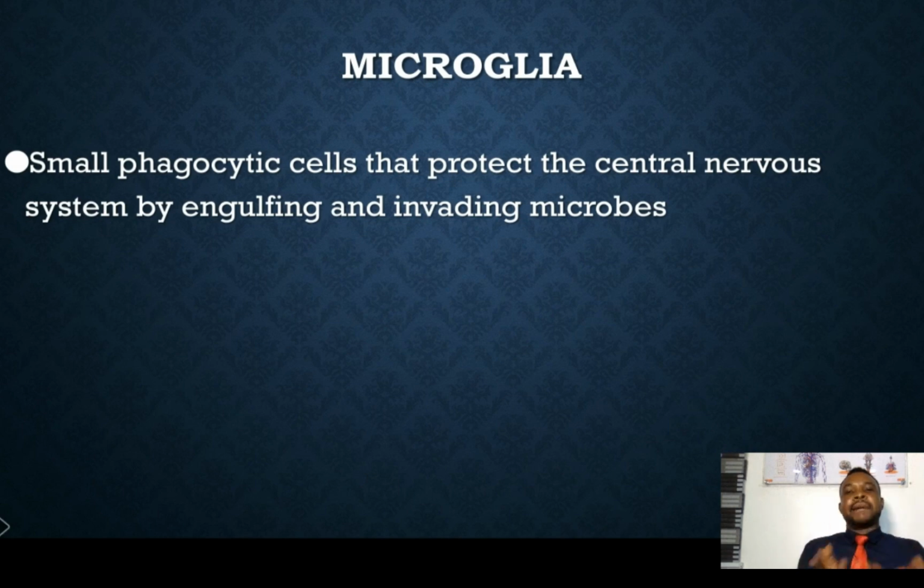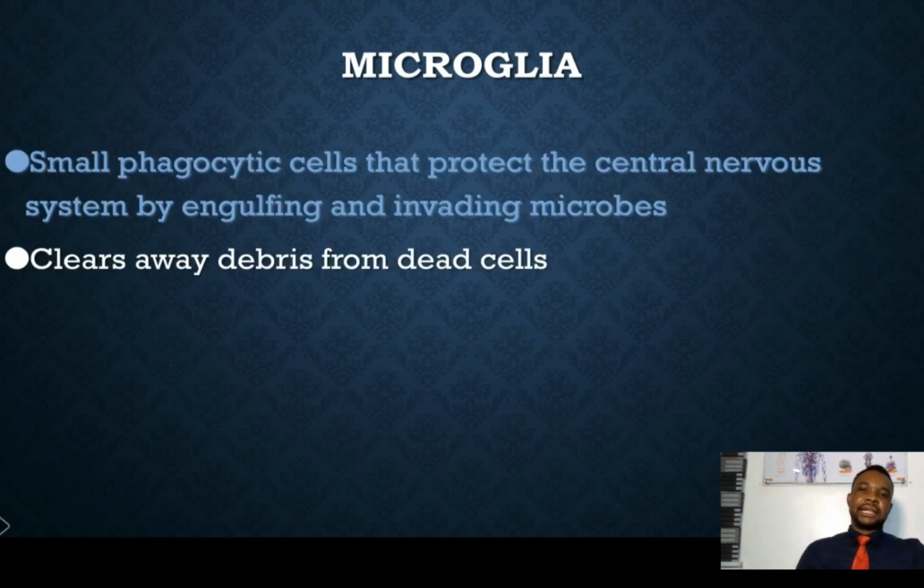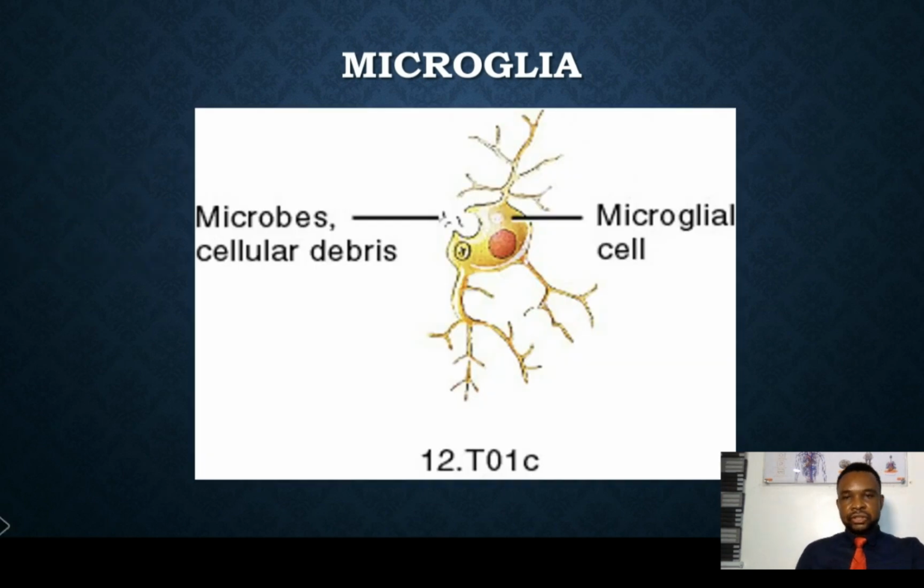So they help in protecting the nervous system when bacteria or foreign bodies enter it. They phagocytose, engulfing the bacteria, microbes, or foreign bodies that enter into the brain or the nervous system, and destroy them. Remember, in our introduction we said that they are supporting cells. So they clear away the debris from dead cells. So this is the structure of the microglia cells.